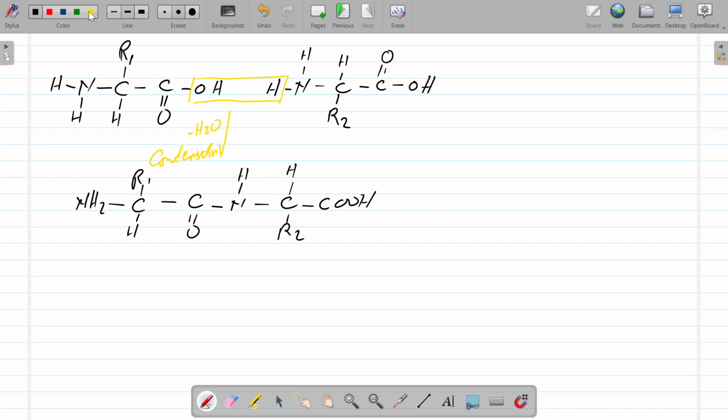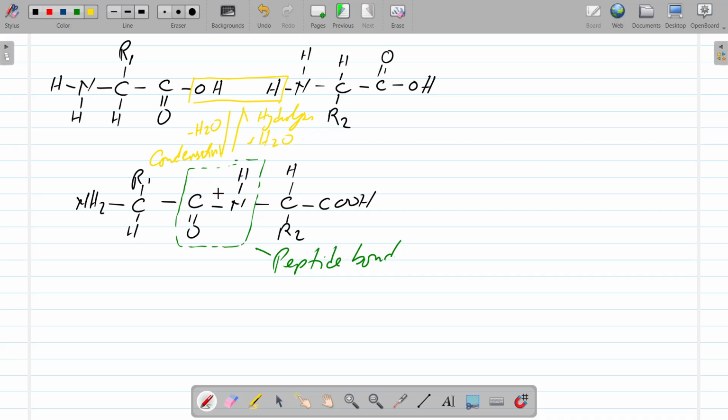And so this over here is a peptide bond. Now again, obviously it's a reversible reaction. The reverse would be called hydrolysis, and we'll be adding water in that case.